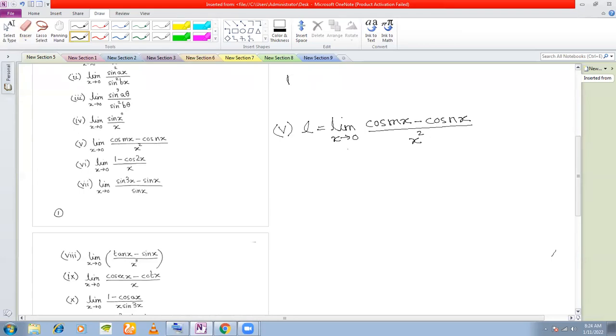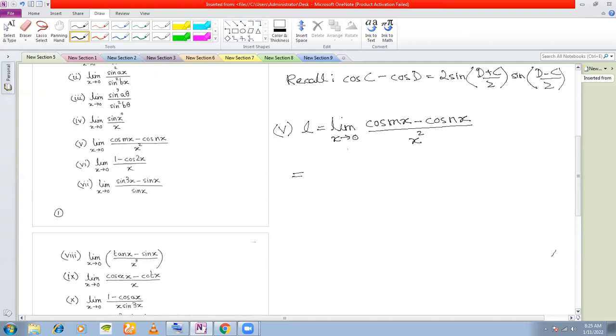Recall trigonometry, product to sum, sum to product in fact. Cos c minus cos d. What was the formula? 2 sin c plus d by 2 sin c minus d by 2. Exactly. Actually it is 2 sin d plus c by 2 sin d minus c by 2. Right?